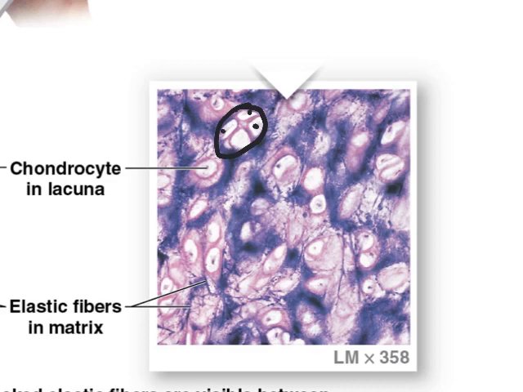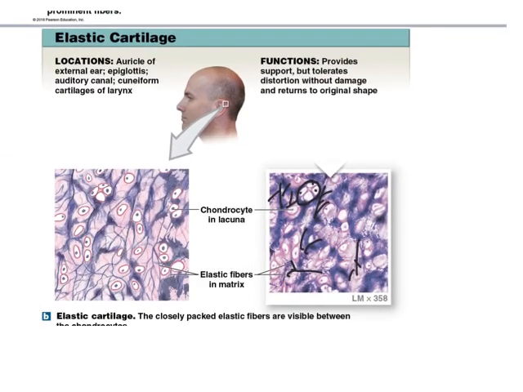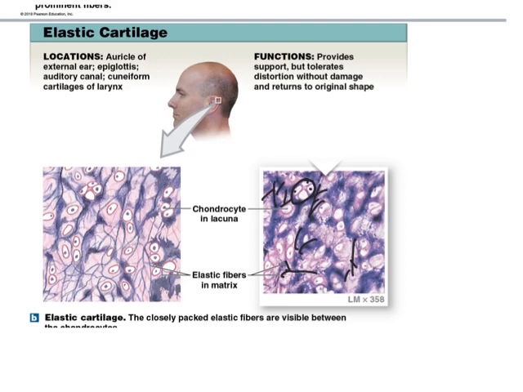It all looked the same, right? We didn't have these kind of strands of elastic fibers flowing through. Here you can see multiple elastic fibers running through this cartilage, and that's what helps this type of cartilage be more stretchy, be able to be distorted and return to its original shape. So elastic cartilage, you might not be surprised, has more elastic fibers.